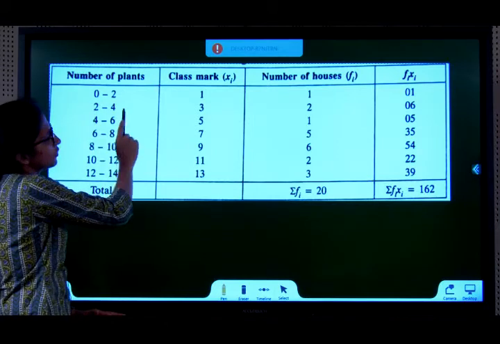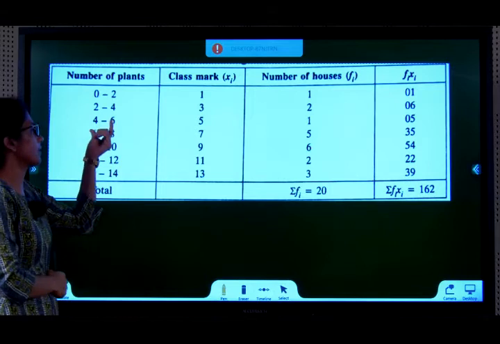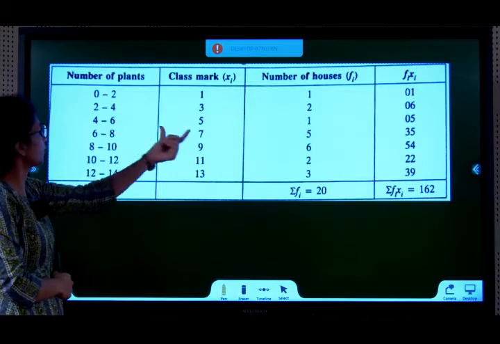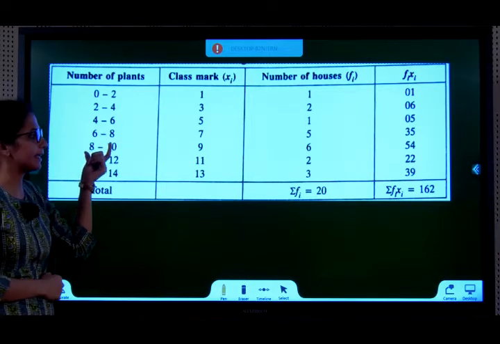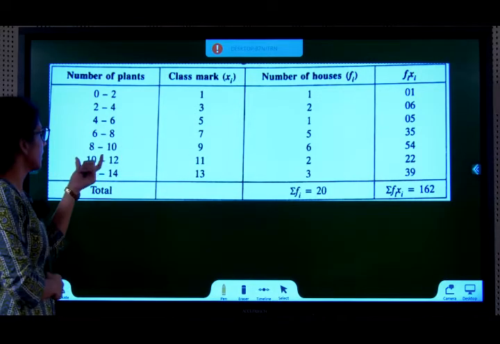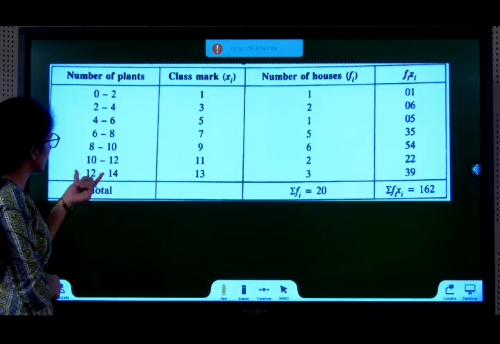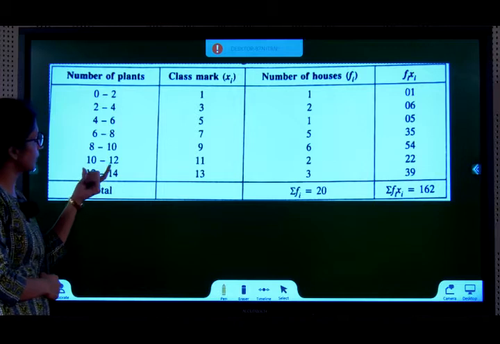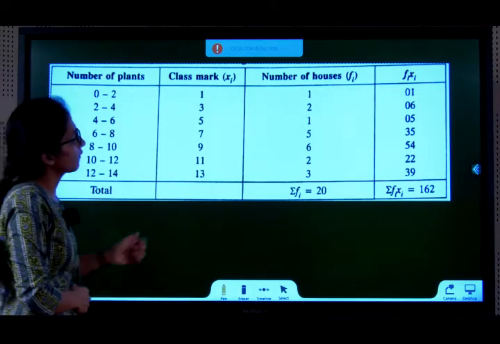2 to 4, 2 plus 4 by 2, 6 by 2, 3. 4 to 6, 4 plus 6, 10, 10 by 2, 5. 6 plus 8, 14, 14 by 2, 7. 8 plus 10, 18, 18 by 2, 9. 10 plus 12, 22, 22 by 2, 11. 12 to 14, so 12 plus 14, 26, 26 by 2, 13. fi was given in the question.